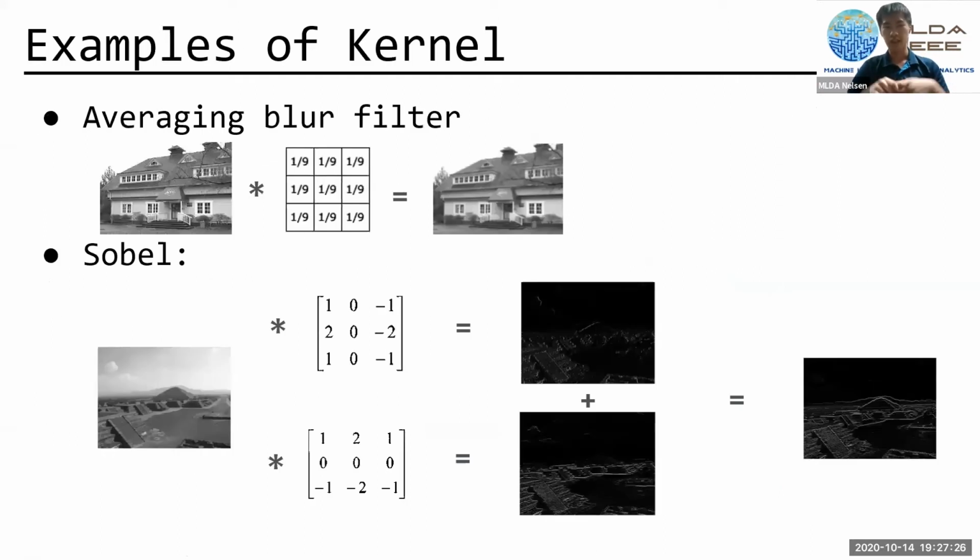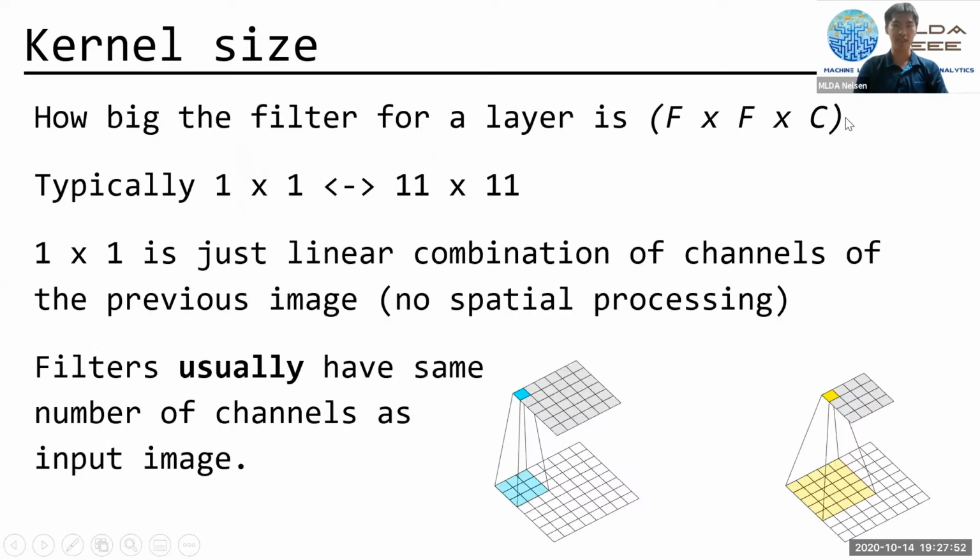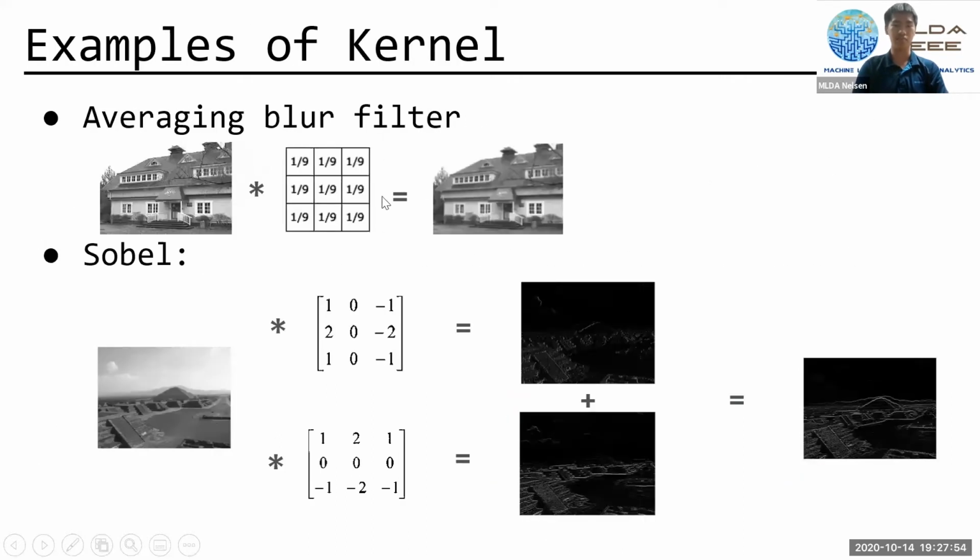So a kernel, for those of you who haven't taken convolution in computer vision, is basically a matrix. In this example, this is a grayscale image, so the channel number is 1. That means there's only one matrix channel for the filter, which is 3 times 3 times 1. So F times C is 3 times 3 times 1.